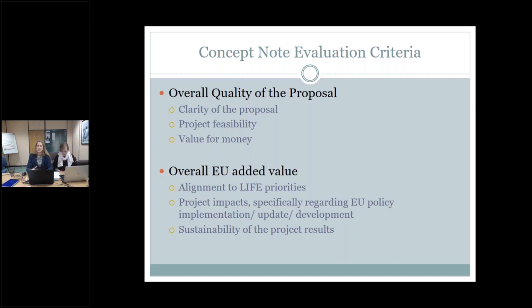I mean, that refers again to what you need to include in your risk and constraints section in the B1 form. Under value for money, the project must show that it represents good value for money. That means the overall indicative investment should be reasonable in view of the expected impacts and results.